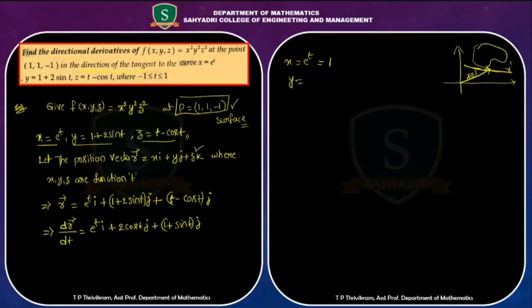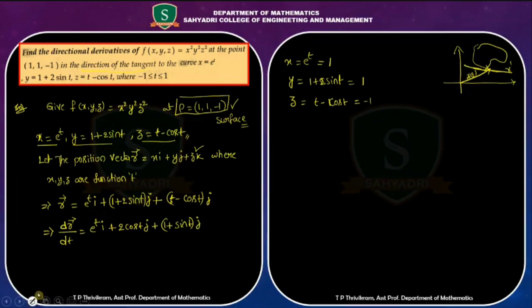Similarly, y is equal to 1 plus 2 sin t, which is 1 again. Next, z is equal to t minus cos t, which is also equal to minus 1. Minus 1. Okay.